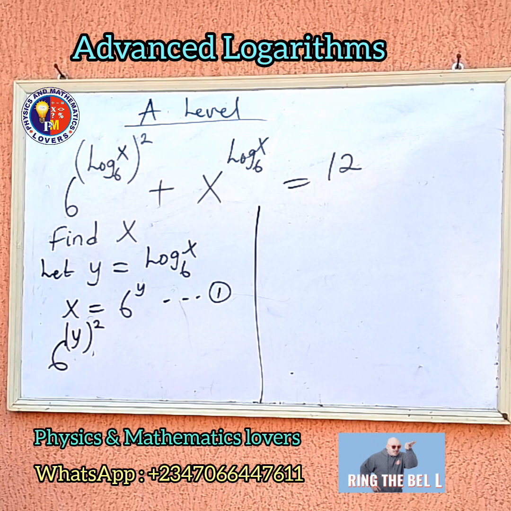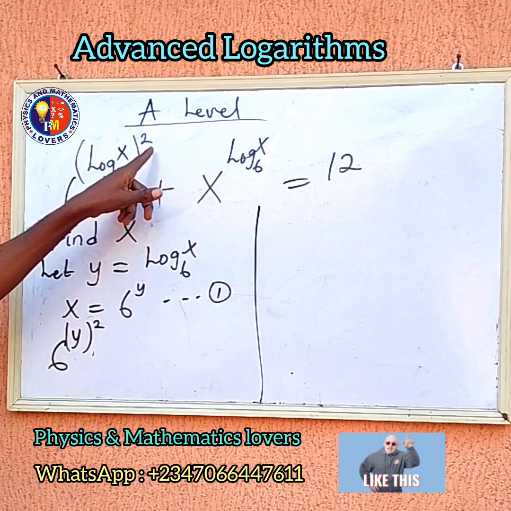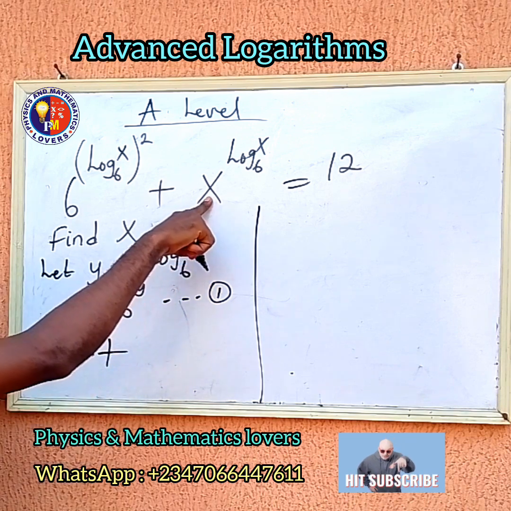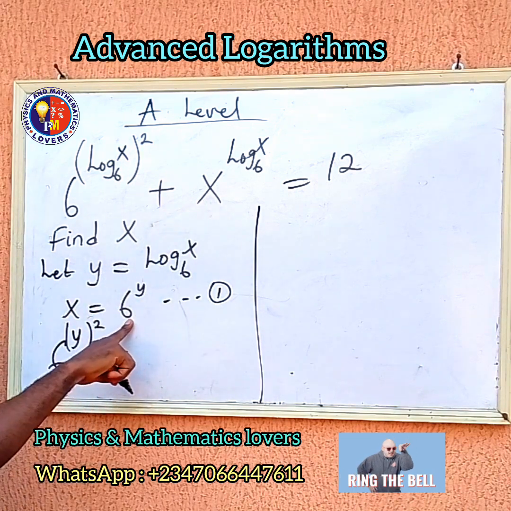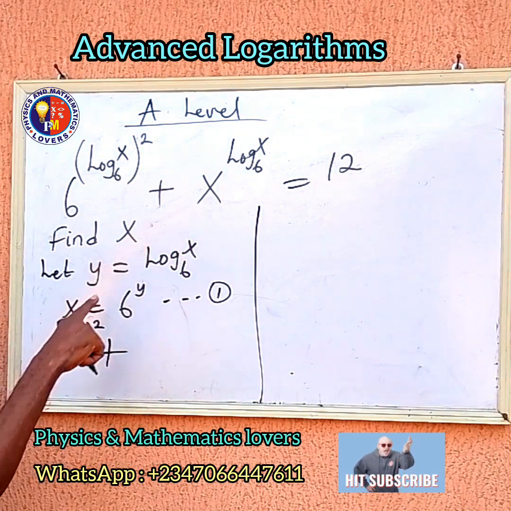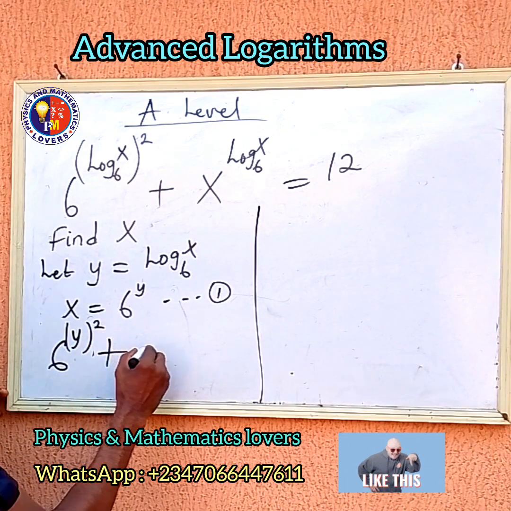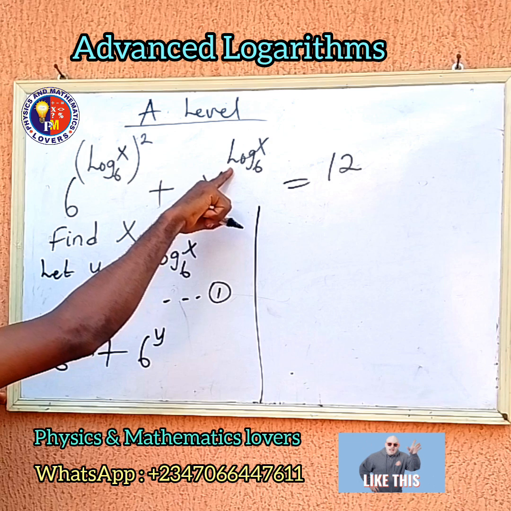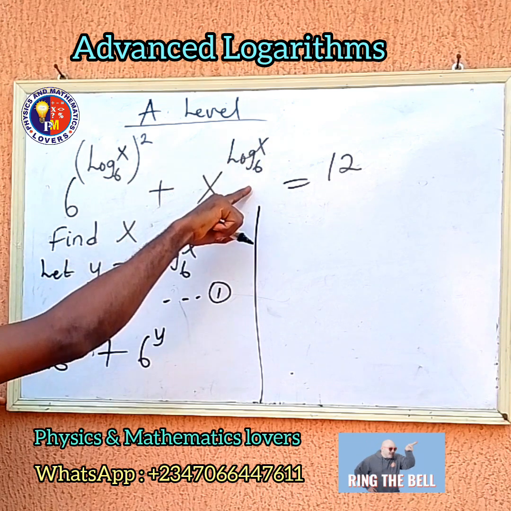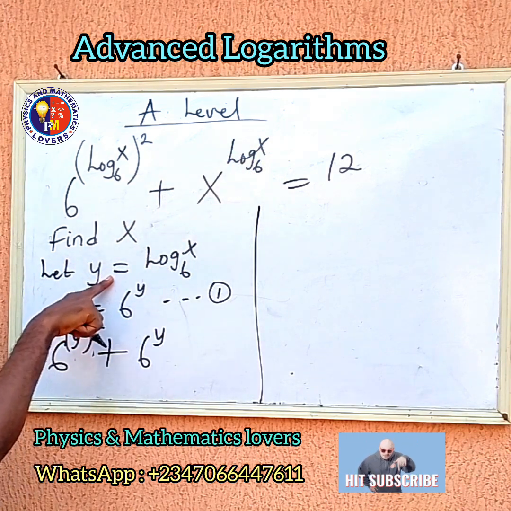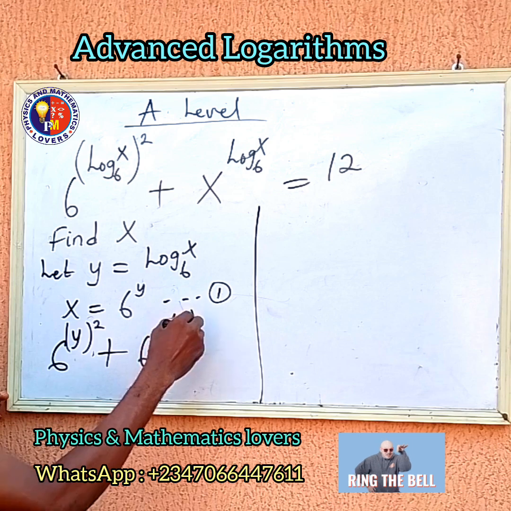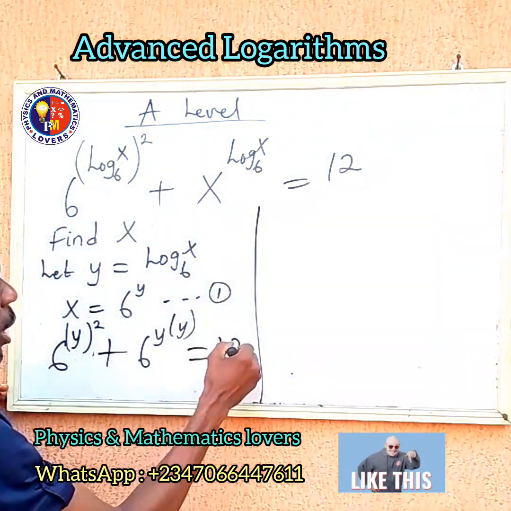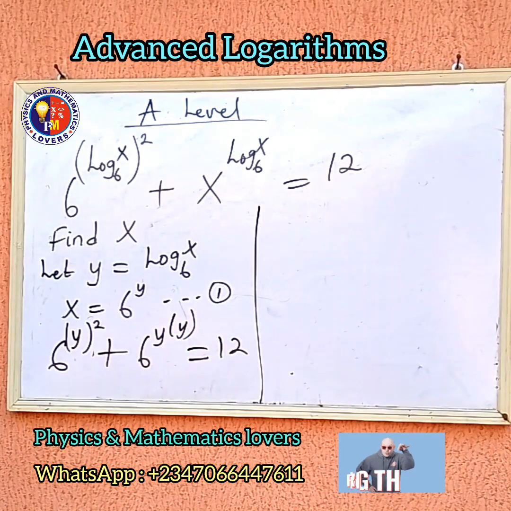Then plus, here x is now 6 raised to power y. But there is another power here, which is log x to base 6, and that has been replaced by y. So I'm still having another power here, which is y, equal to 12.